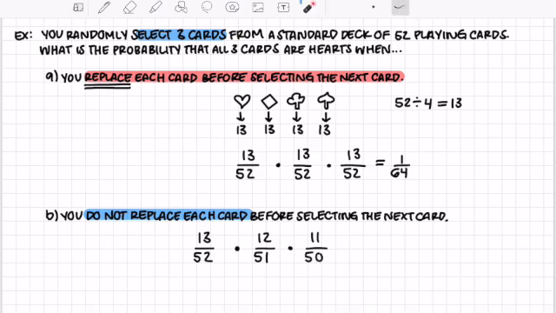And so I took away a card, so I'm left with only 12 options out of the 52 of those cards. And then I take away another card, so I have only 11 hearts out of the 50 cards now. So it's slowly just taking away those cards. And so I'll be left with multiplying those 3, and that would give me 11 over 850.